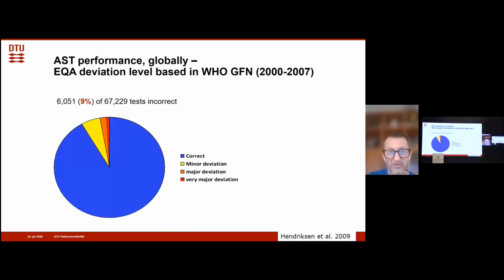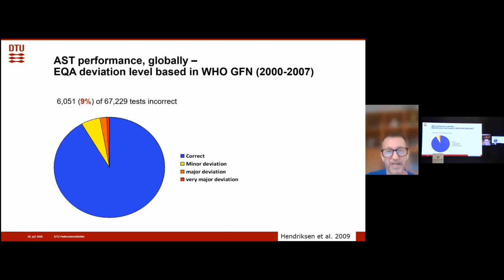But this is EU. How does it look if we go globally? So basically, for a number of years, WHO had a similar EQA scheme. And these data that have been published entail data from 2000 to 2017, sorry.